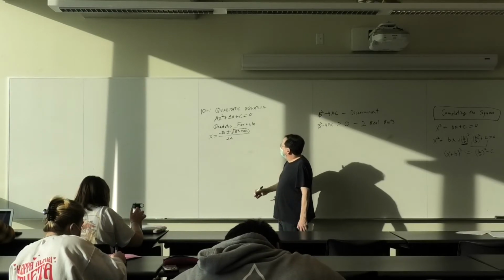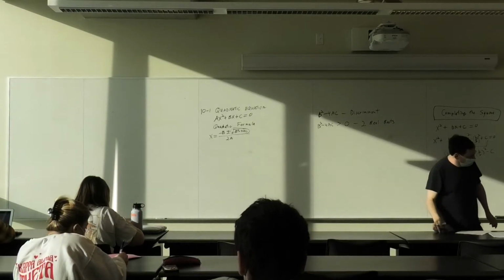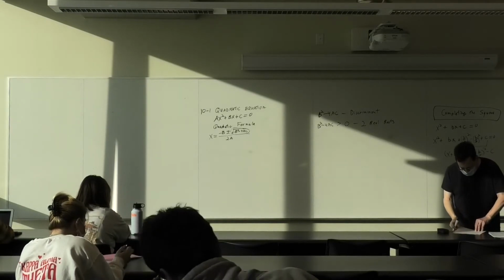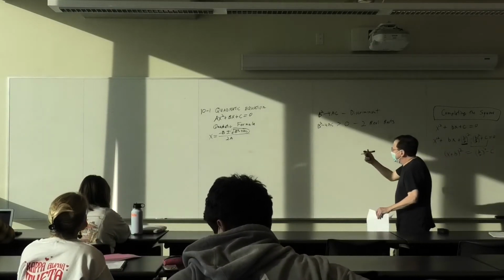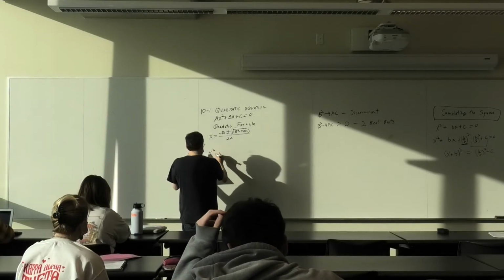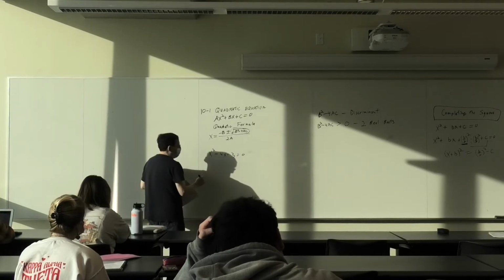I suppose we should have an example. The problem we started with, x squared minus 4x minus 3 equals 0. Let's just do this.